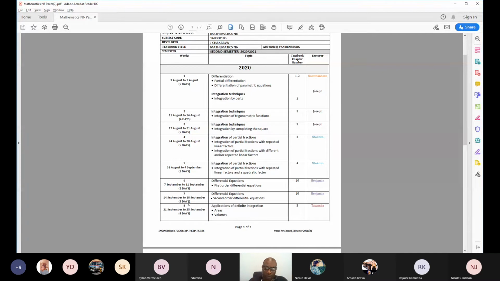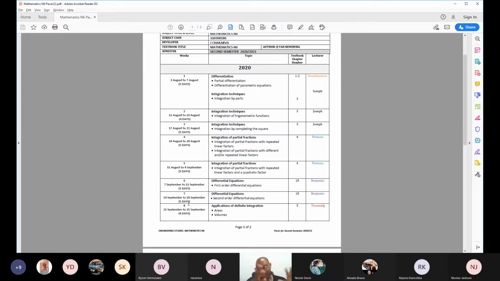I'm going to also go to the second page, but if you look at the first page, it's basically saying that what Nicole was saying is correct. It's actually module 1 to module 5. But not everything in module 5, because module 5 is quite long. It's about 40%, the longest module from Maths N6.